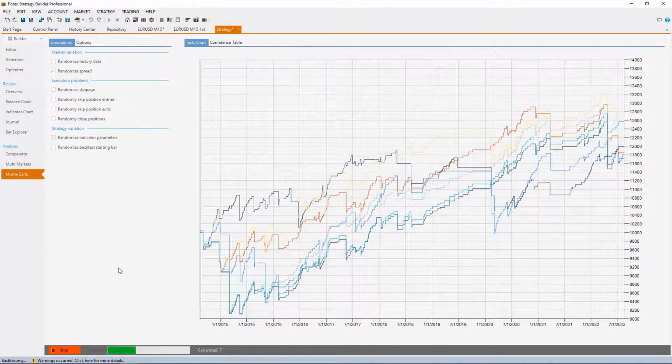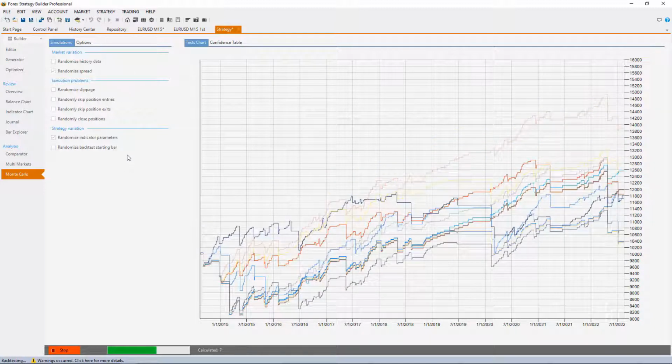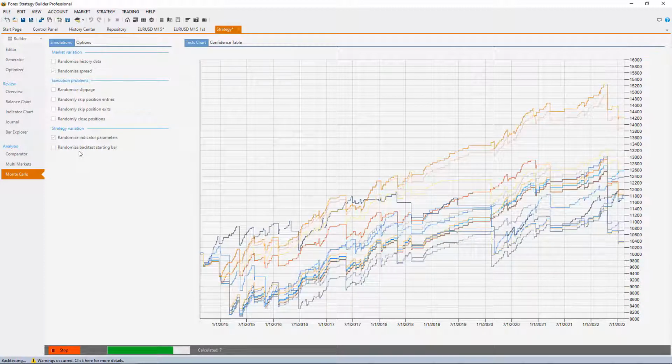And as I showed to you, you can change indicator parameters manually to see if there will be a drastic change in the backtest. But this is why the Monte Carlo was invented, to make it easier for us, and it automatically checks if the strategy will become really worse if the indicator parameters are slightly different, and as well if the spread is different. But I think with this strategy it is okay.